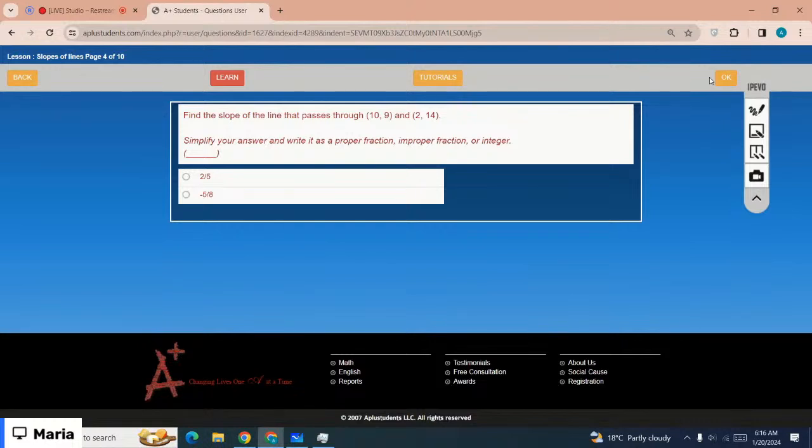The correct option is negative 5 over 8.